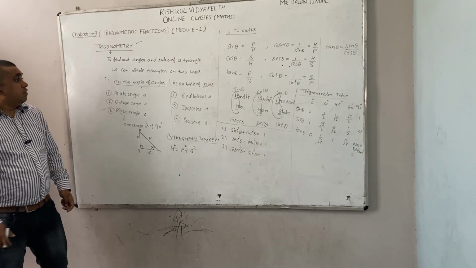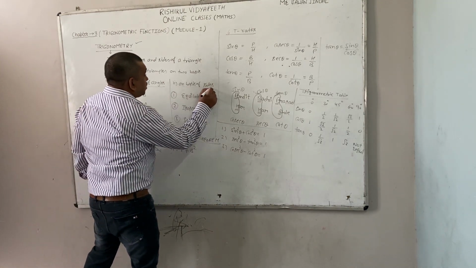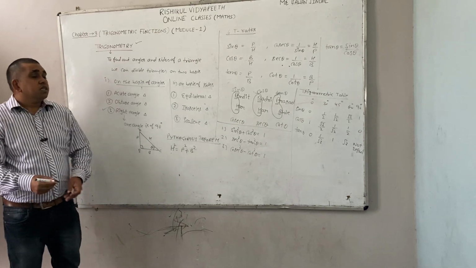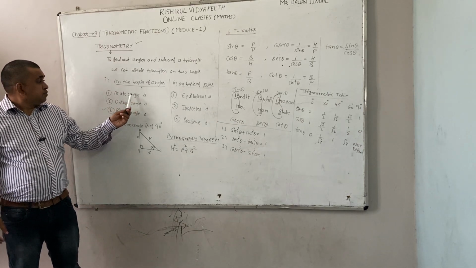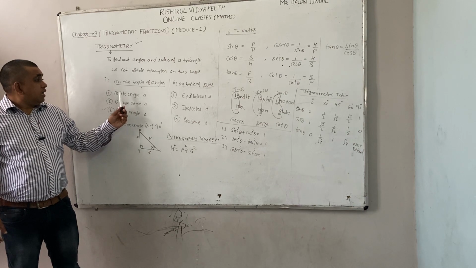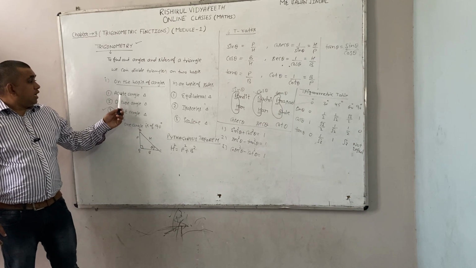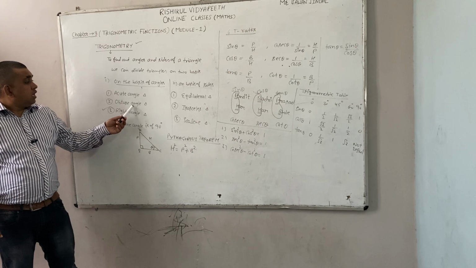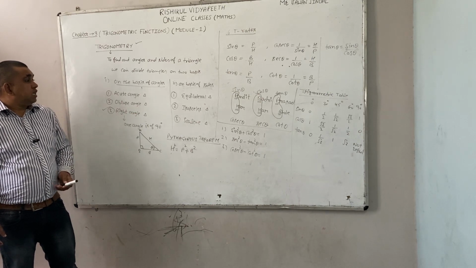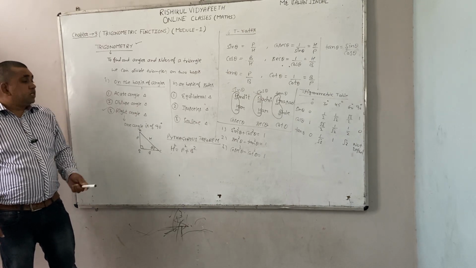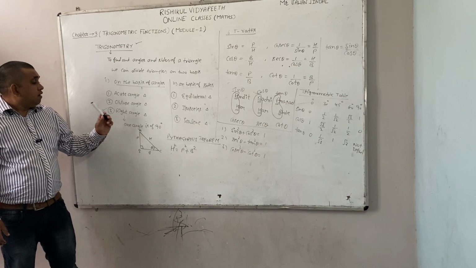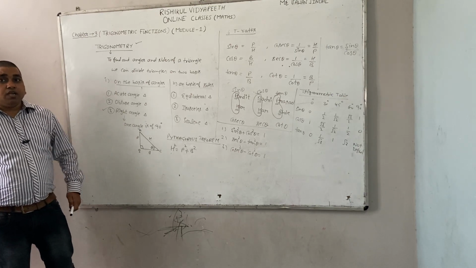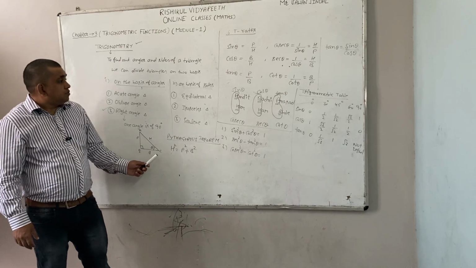We can divide them on the basis of angles and on the basis of sides. First on the basis of angles: acute angle triangle, a triangle having every angle less than 90 degree. Obtuse angle triangle has one angle more than 90 degree. Right angle triangle is where one angle is of 90 degree.